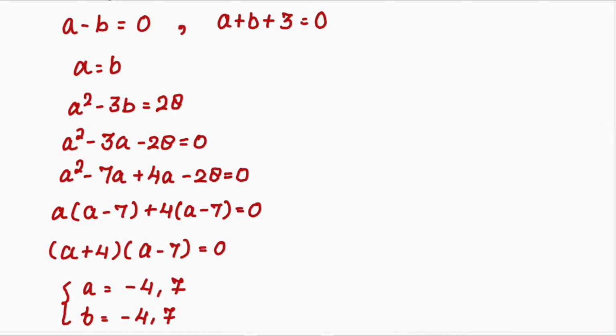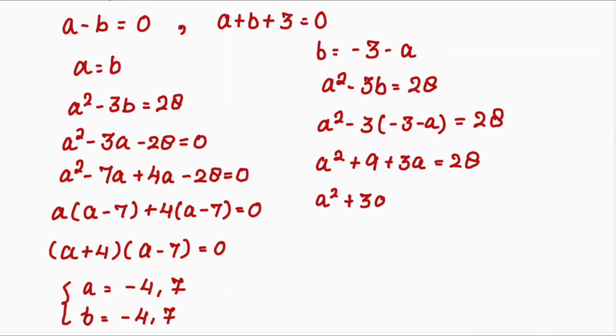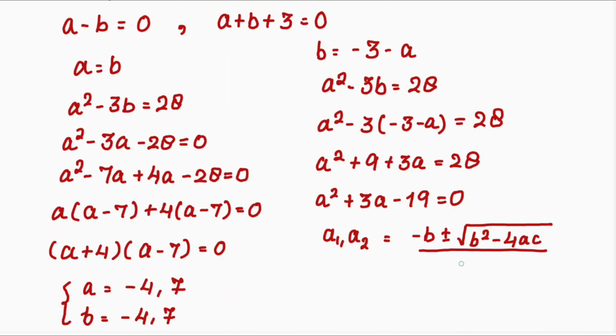Let's solve the other equation. So B is equal to minus 3 minus A. Solve for roots of A: minus b plus minus square root b square minus 4ac upon 2a.